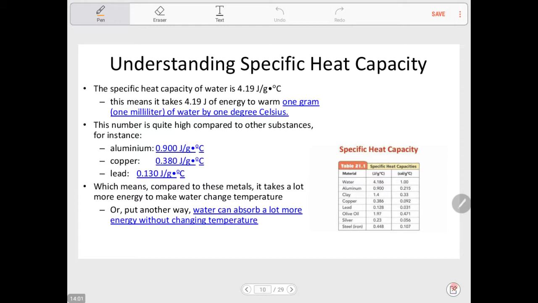Water has a specific heat capacity of 4.19 joules per gram times degrees Celsius, which basically means if you had 1 gram of water and you want it to go up 1 degree Celsius, which is not very much, you need 4.19 joules of energy. And if you compare it to other metals, that's a heck of a lot. Now, this 4.19 joules is going to be our specific heat capacity for water, and that's going to be our C value in that formula, Q equals MC delta T.